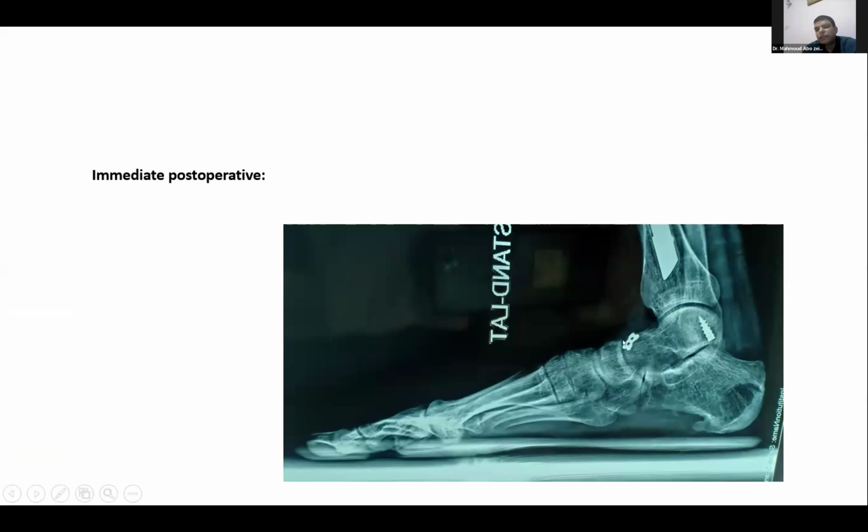We can see the suture pattern over the head of the talus with an interference screw to fix the graft with the calcaneus here. And this is the anchor for calcaneofibular repair.